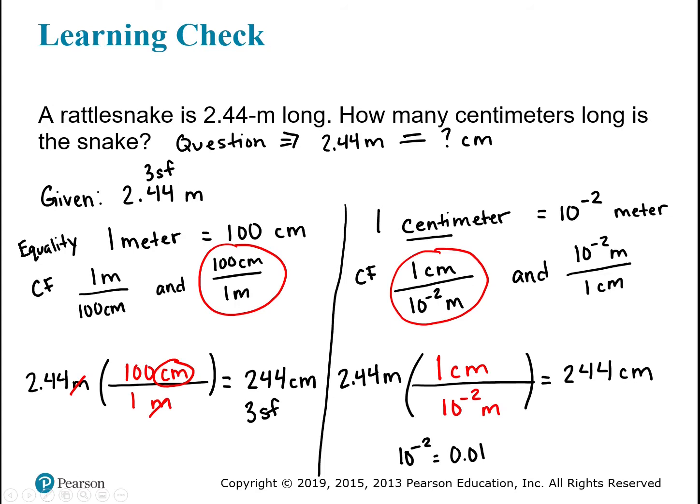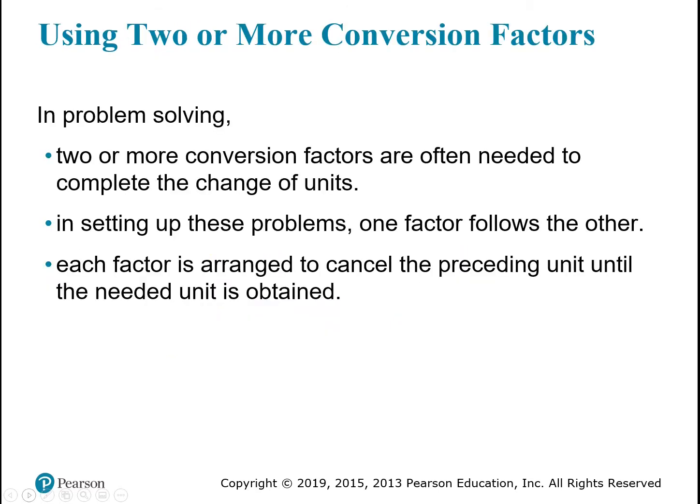I won't solve every problem with both equalities like this when it deals with a metric system conversion, but just know there are two ways to do this. Whichever one makes most sense to you, that's the way that you go with. So we can't just stop there.